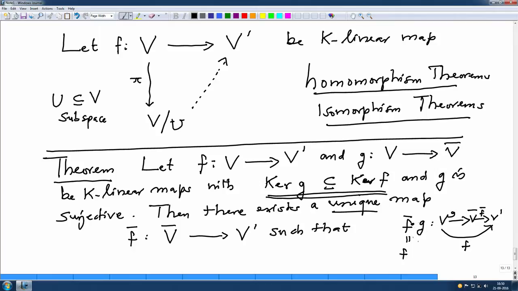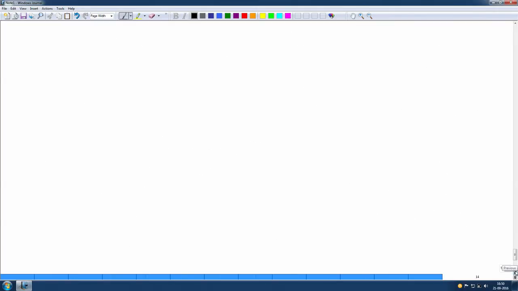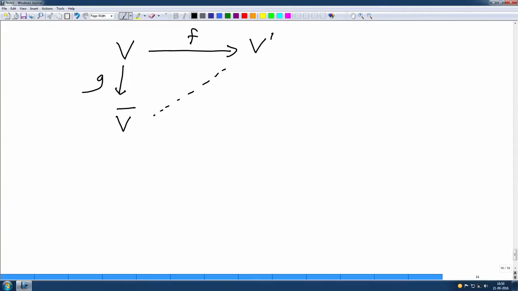Such that, this I want to write down, this means the diagram is commutative. That means the diagram like this, V to V prime, this is F, this is G, and this is the map we are defining. I call it F bar. This diagram is a commutative diagram.